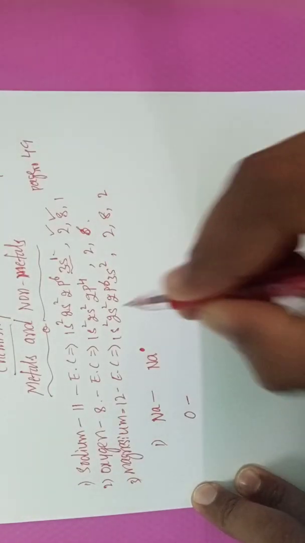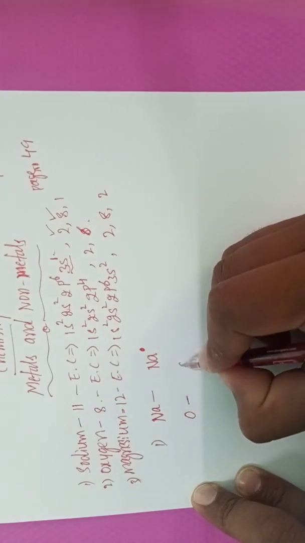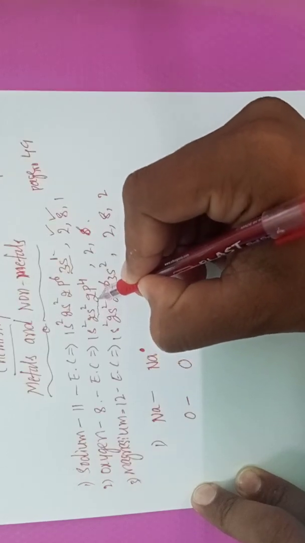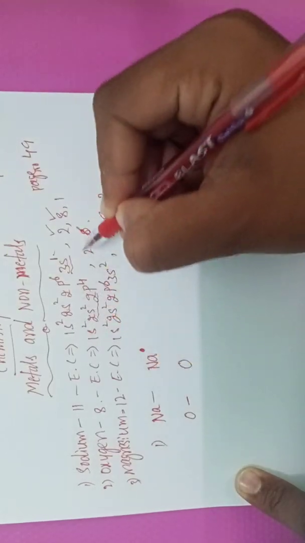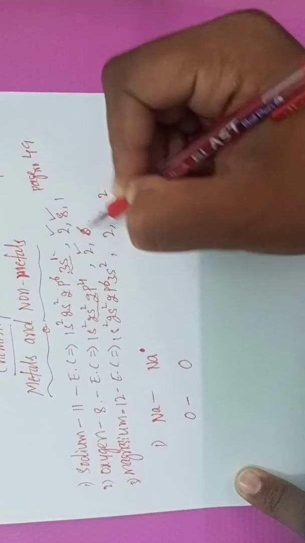Next is oxygen. The oxygen symbol is O. First we should write the symbol O, and then the valence electrons. In the first shell we have 2 electrons.